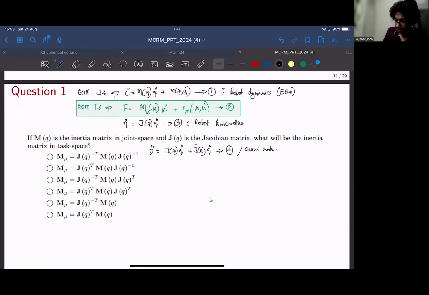So from equation 4, I can rewrite the expression for Q double dot: it is eta double dot minus J dot of Q dot, the whole multiplied by J of Q inverse. This is nothing but Q double dot. I'll write this as equation 5.